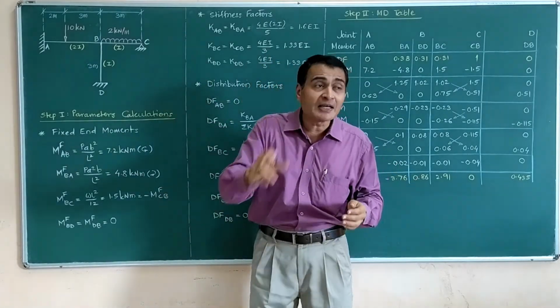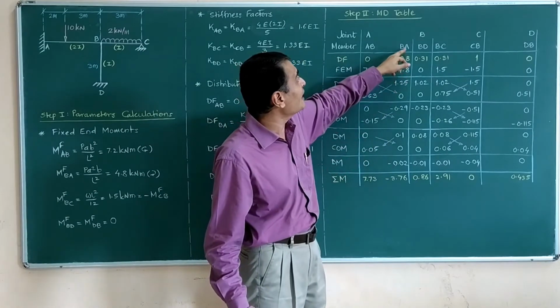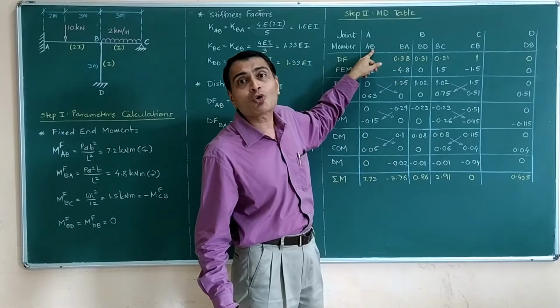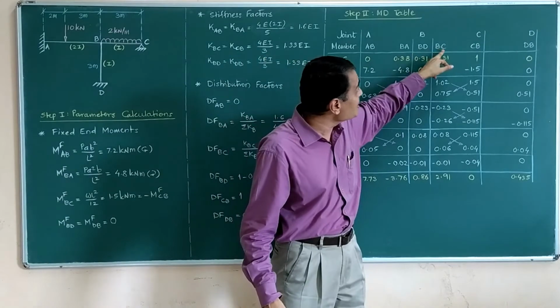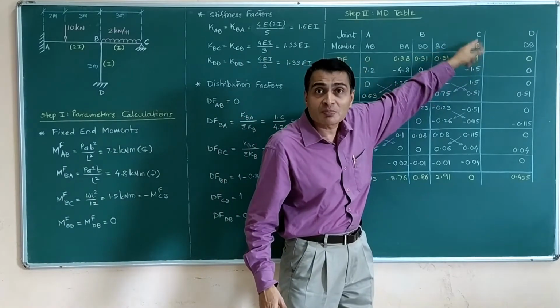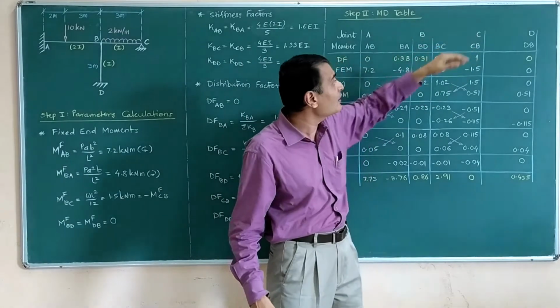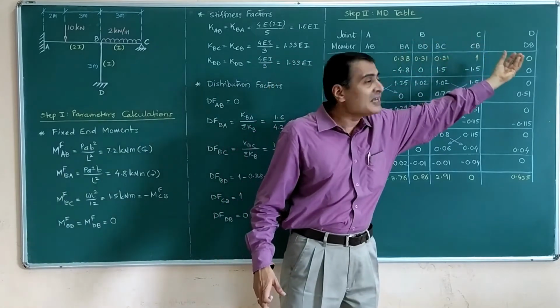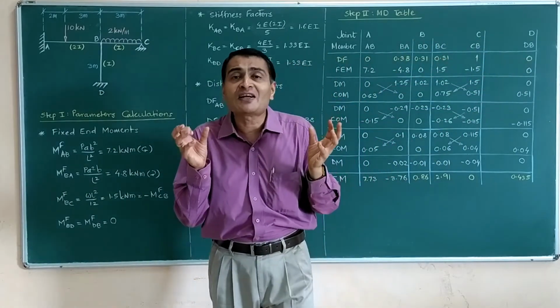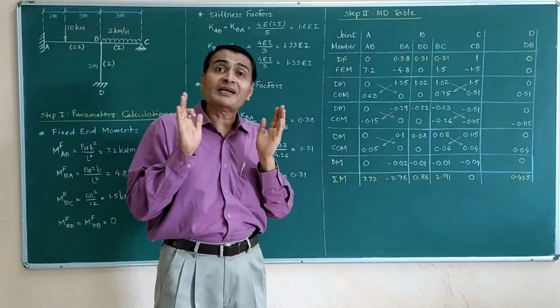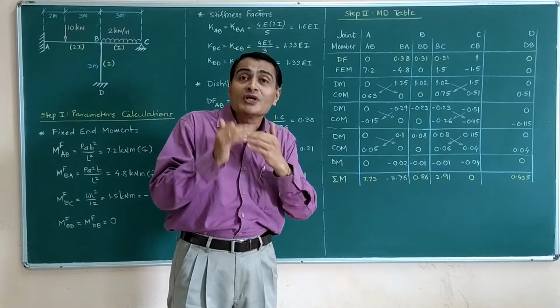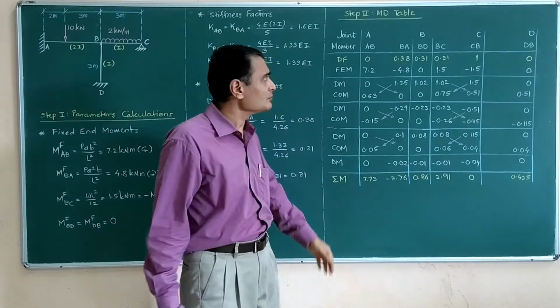But while writing in the table, I take care that BA is in the same column as AB, BC is in the same column as CB because my joint C is there, and then BD and DB I have to write slightly away from each other, but I will take care while doing my calculations.